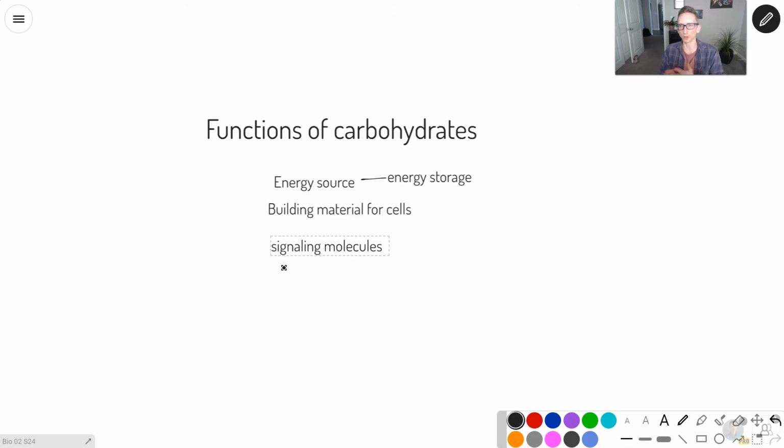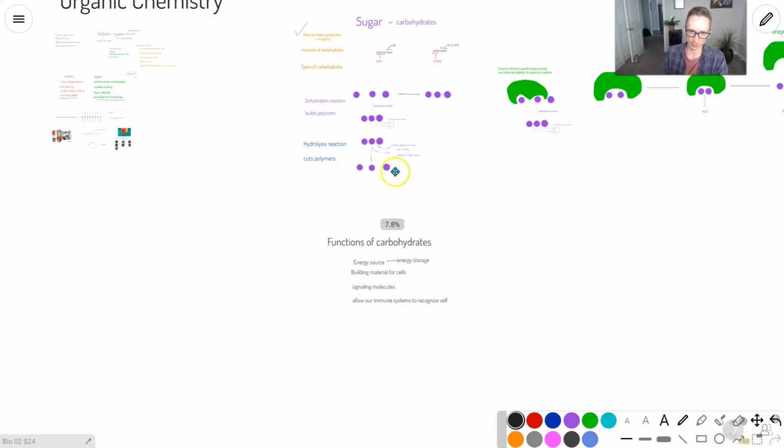They decorate our proteins and allow us to recognize self. They allow our immune system to recognize self so that they don't eat themselves. Okay, so those are just some functions of carbohydrates.